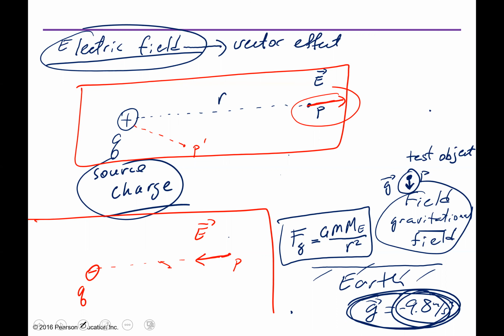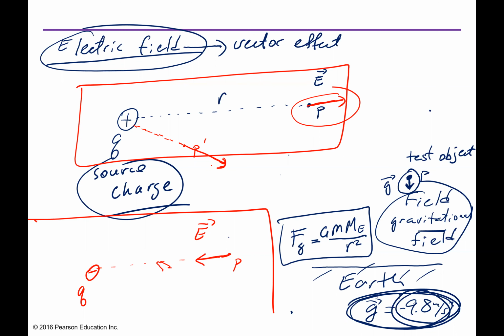This is the radial direction, and radially away will be in this direction. And it's going to be stronger because you are closer to that source charge. That's what we're going to be seeing in the next few slides.